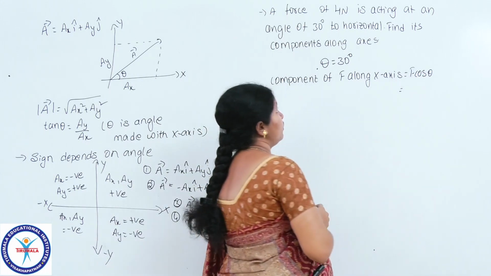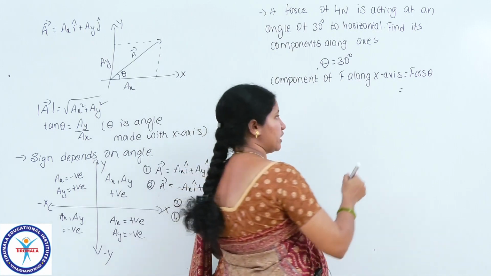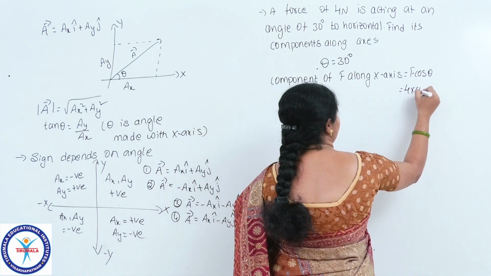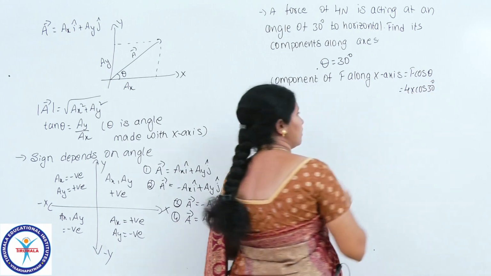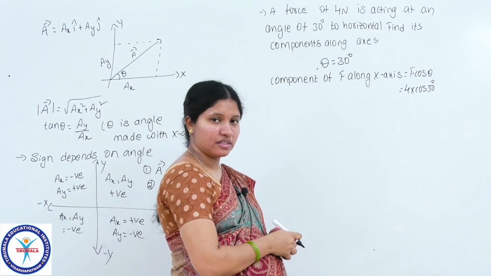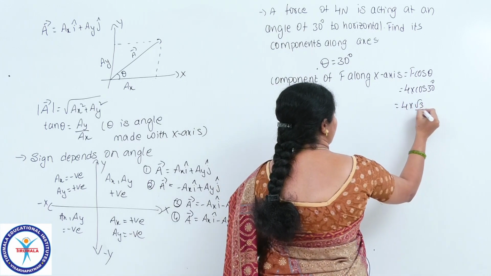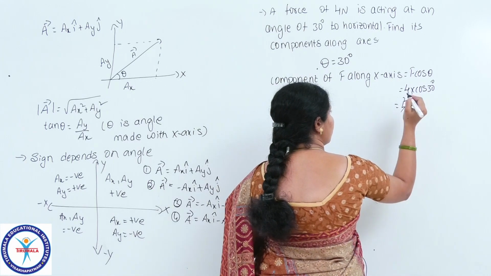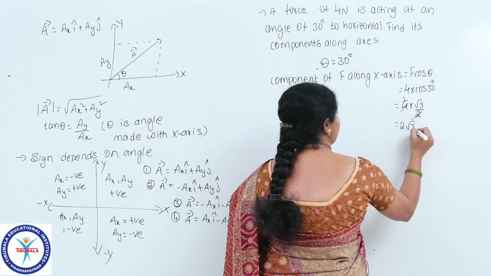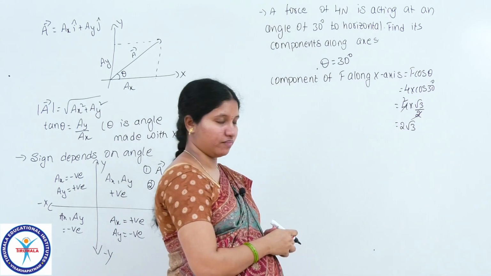What is the magnitude of F given? 4 newtons. So, 4 into cos 30 degrees. The value of cos 30 is root 3 by 2. So, 4 into root 3 by 2, 2 cancels 4 two times, we get the value as 2 root 3.